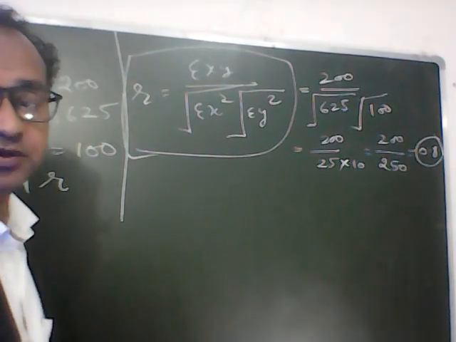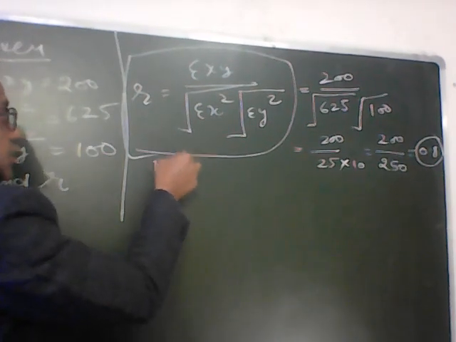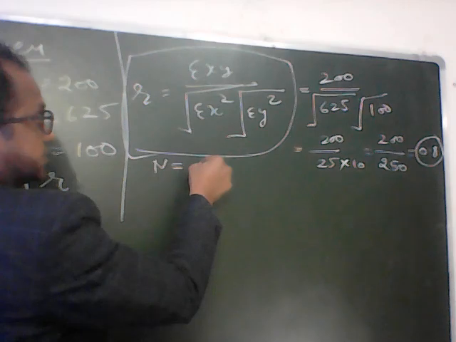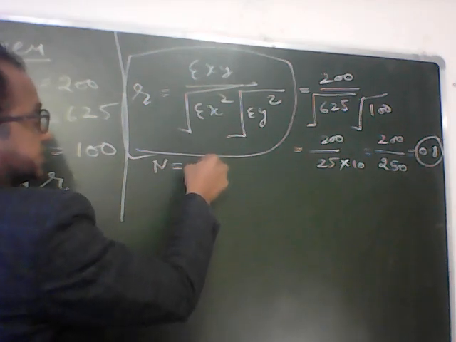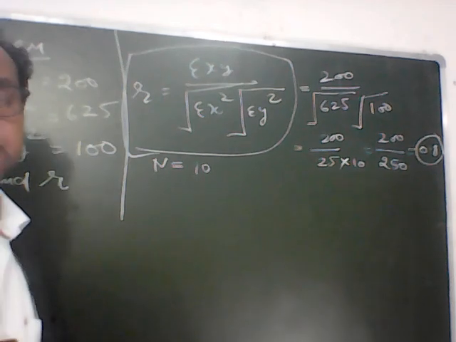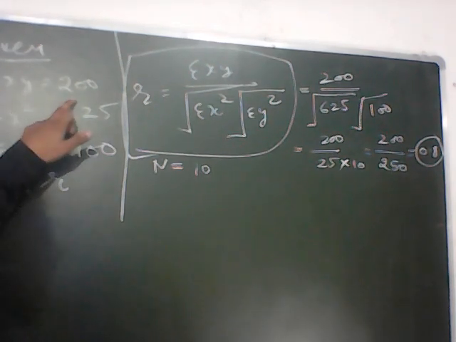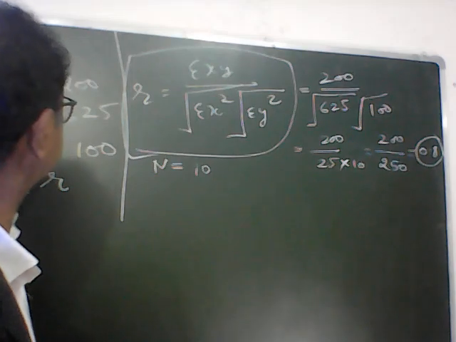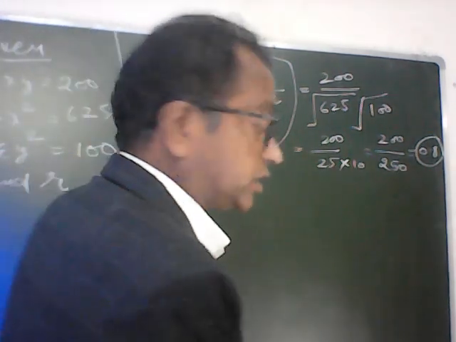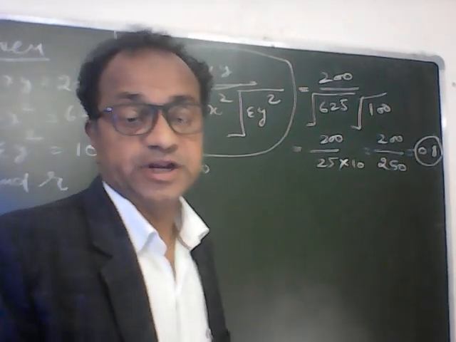Let's take the same question again, and we can also take n, the number of observations. Let's assume it as 10. So now we have summation xy equals 200, summation x square equals 625, summation y square equals 100, and the number of observations n equals 10.